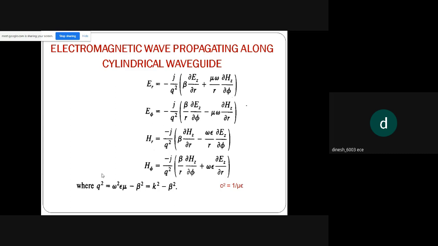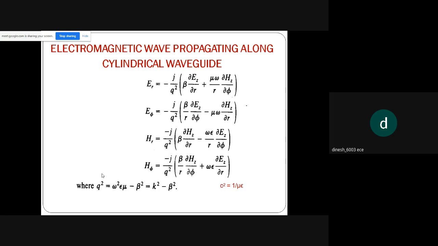Hr is equal to minus j divided by q square, beta into dou Hz divided by dou r minus omega epsilon by r dou Ez divided by dou phi. H phi is equal to minus j divided by q square, beta divided by r dou Hz divided by dou phi plus omega epsilon dou Ez divided by dou r.